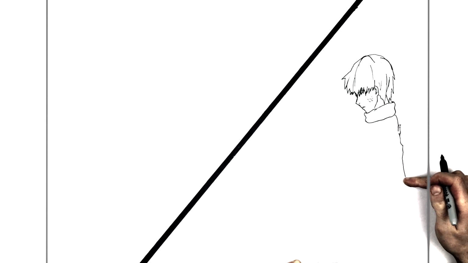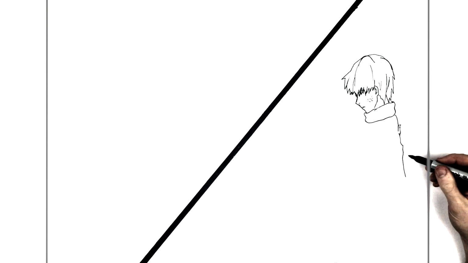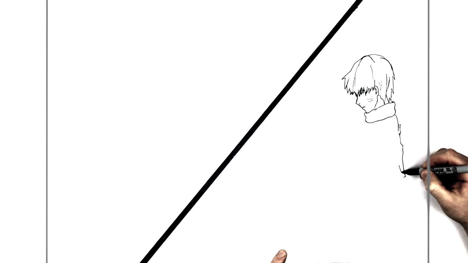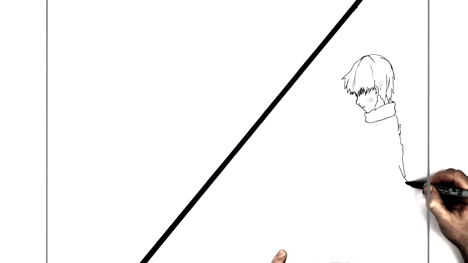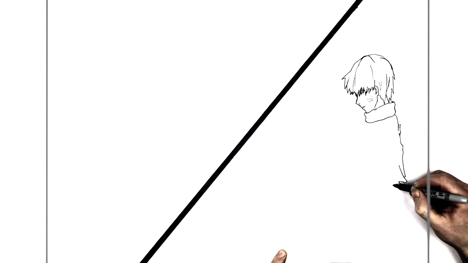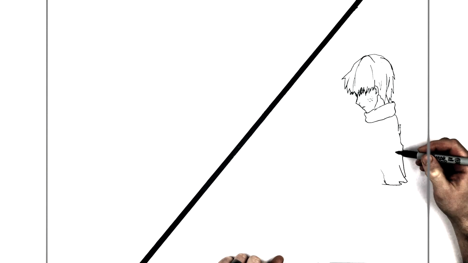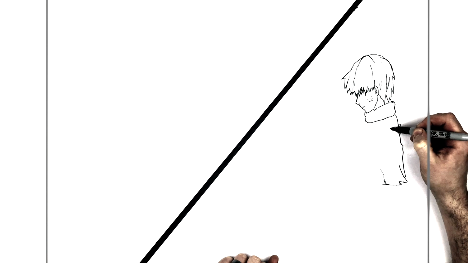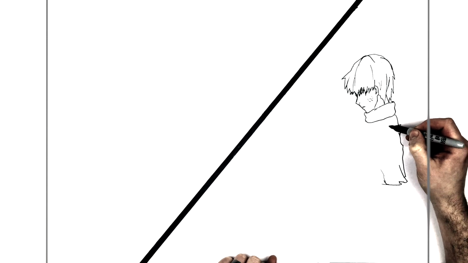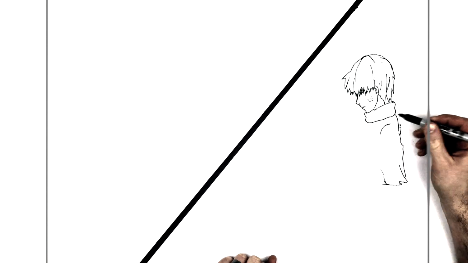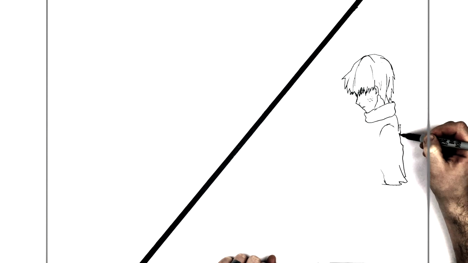Kind of go diagonal a little bit because he's leaning forward, and then we have some more tattered, ripped parts just here, and come across to his sleeve. Maybe some more tattered parts, and his shoulder. I can't see a line for his shoulder, but it should be here. Yeah, that makes sense, I think.